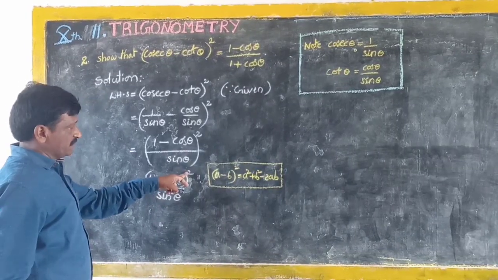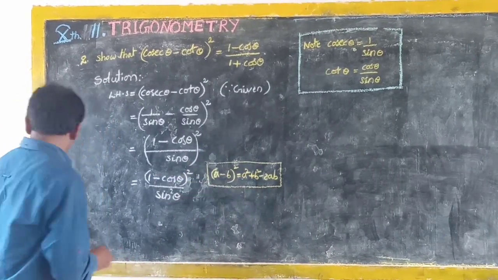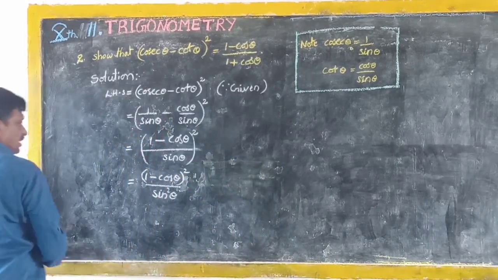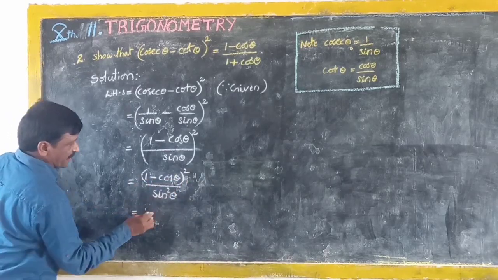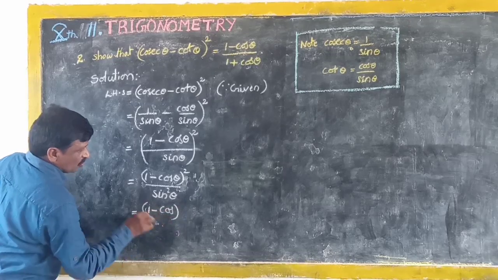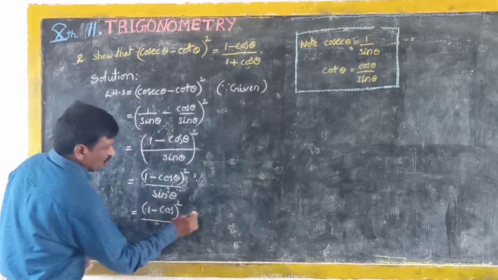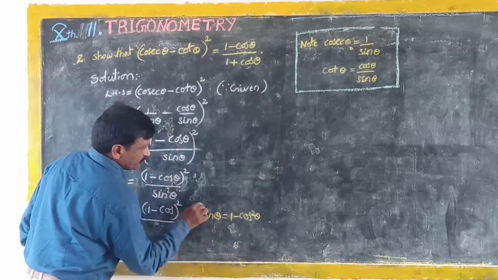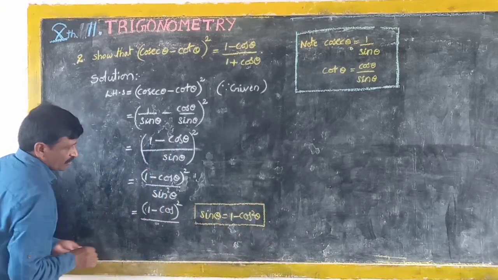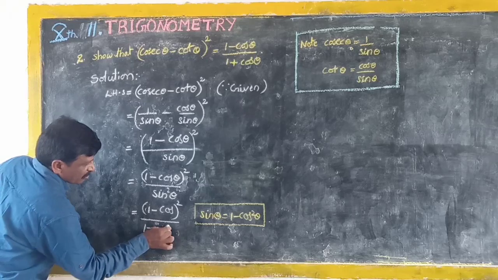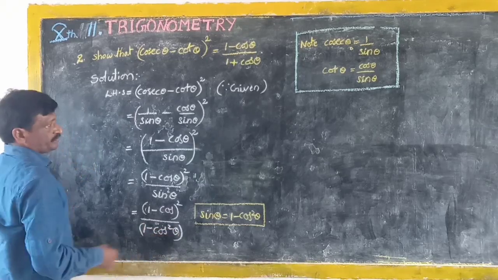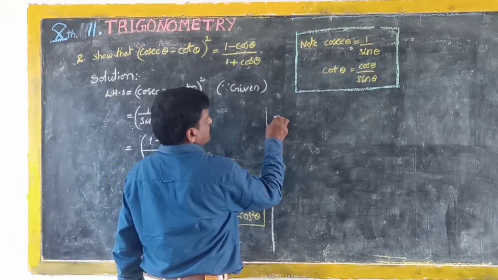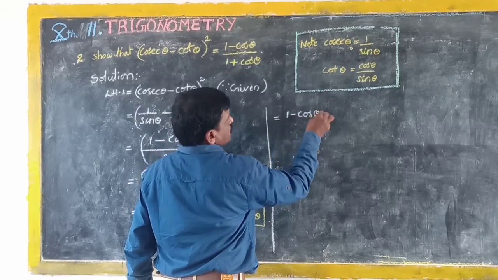Next, we will not use this formula here. We have (1 minus cos theta) whole square by sin square theta, and sin square theta is equal to 1 minus cos square theta.